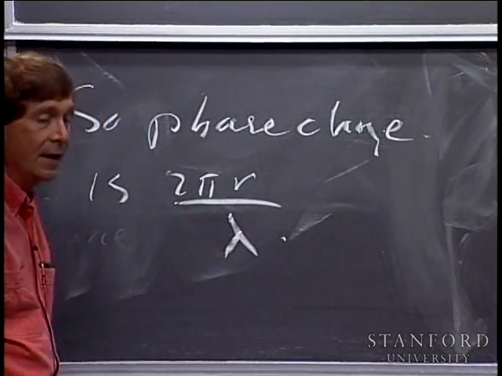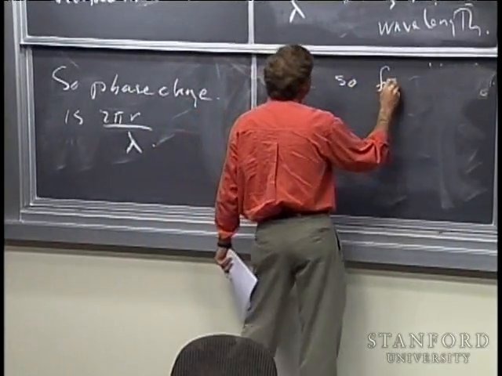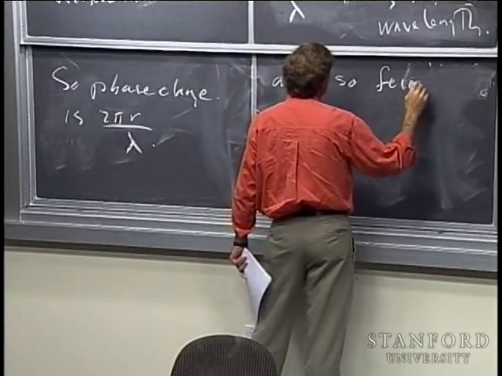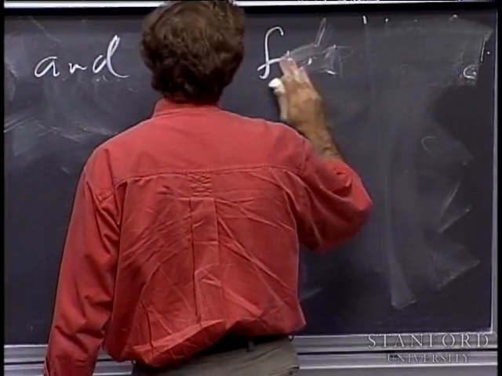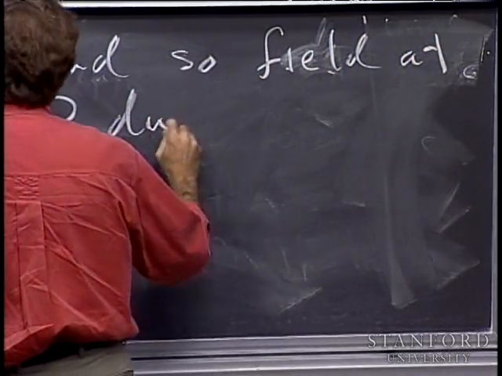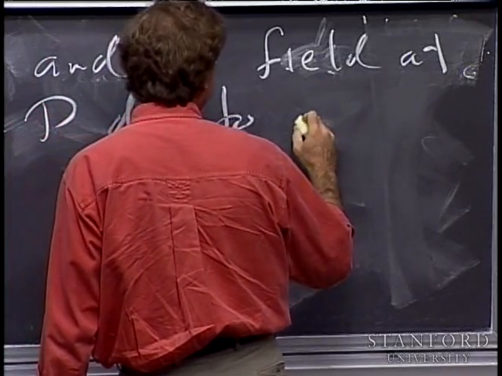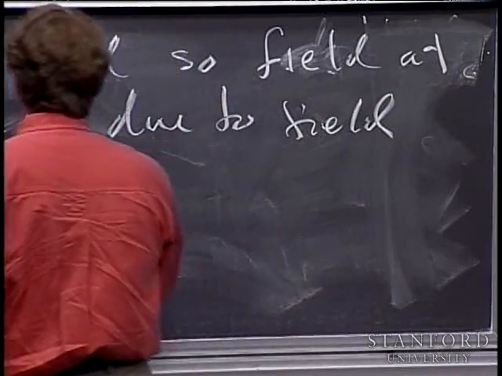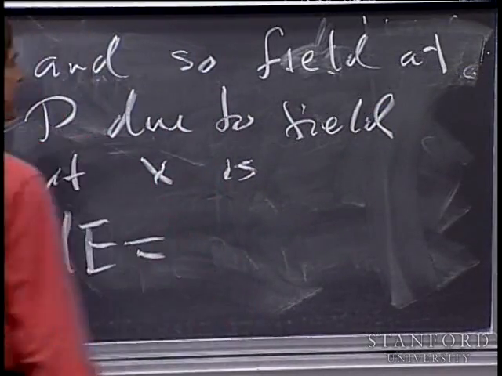All right? And so the field at P due to the field at X is, let me write it like this, dE is a little bit of change in the field.